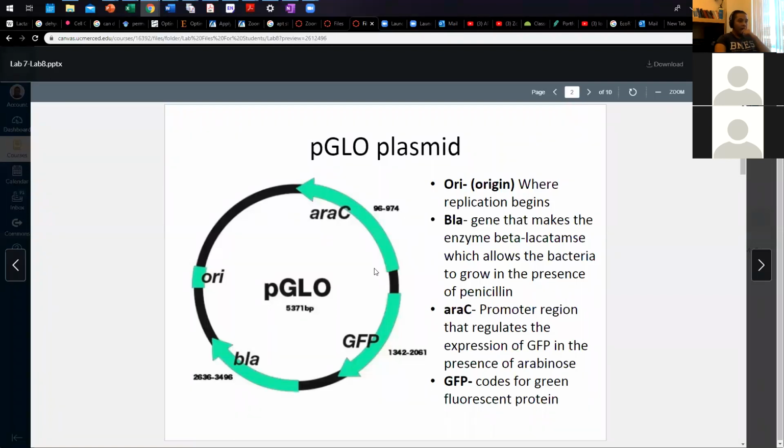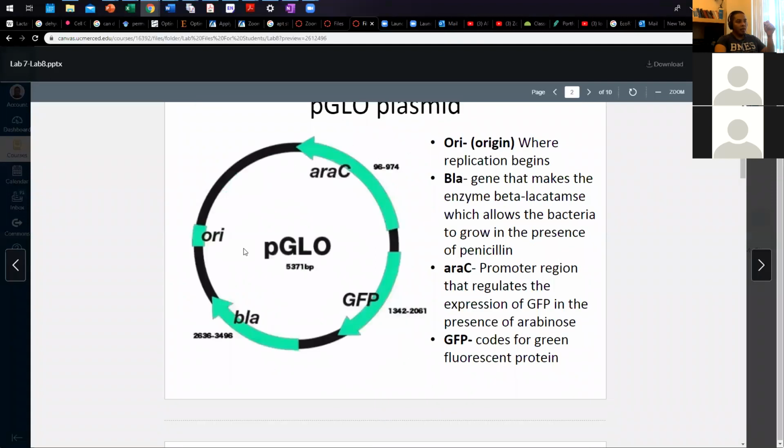Now for lab 8, we have this plasmid inserted into a bacterial culture, and we're going to take it out. Then we want to cut it up and measure the fragments like we did before using gel electrophoresis. So we're going to go through a process of purifying the plasmid, cutting it up, and running it through a gel.